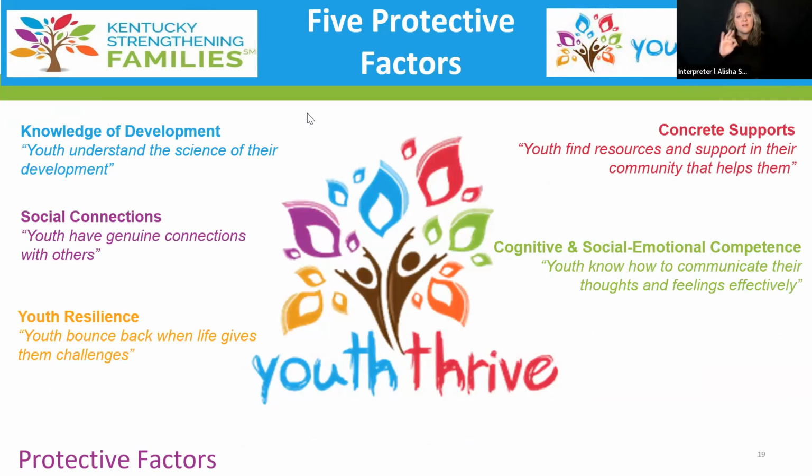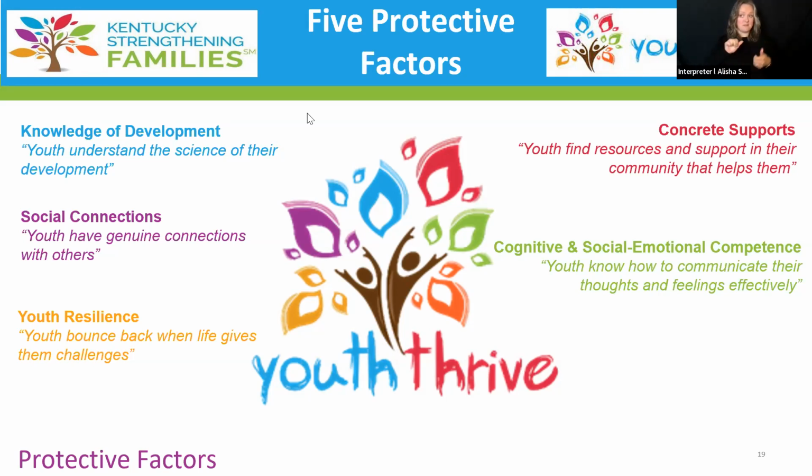All right, so Kentucky Youth Thrive is going to utilize the protective factors associated with the nationally recognized Strengthening Families framework. And like I said earlier, we're going to emphasize the importance of nurturing and attachment through each of those protective factors. So just briefly here, these protective factors are youth resiliency, and that is youth bounce back when life gives them challenges.